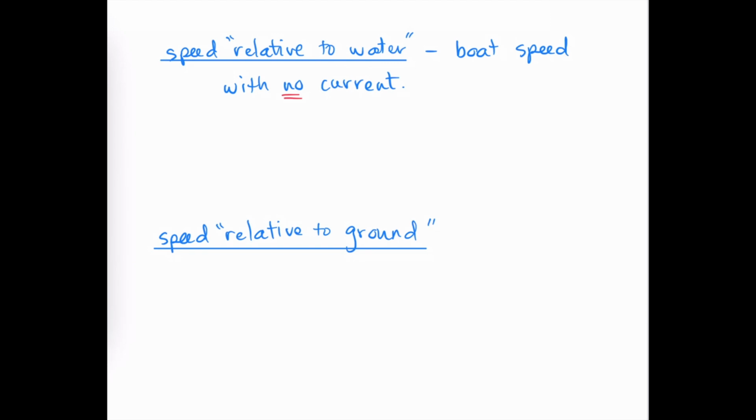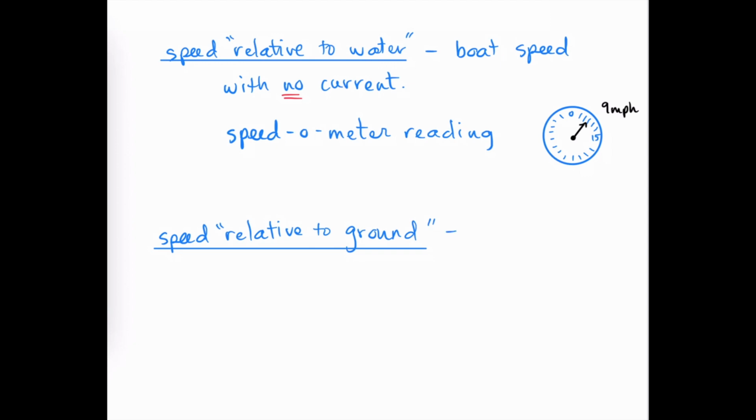Essentially, it's how fast the boat moves over the surface of the water when the water isn't moving itself. I like to think about this as the speedometer reading. If you're in a motorboat and the speedometer reads 9 miles an hour, that's how quickly the boat is moving over the surface of the water, but not necessarily how many miles we're covering over the ground.